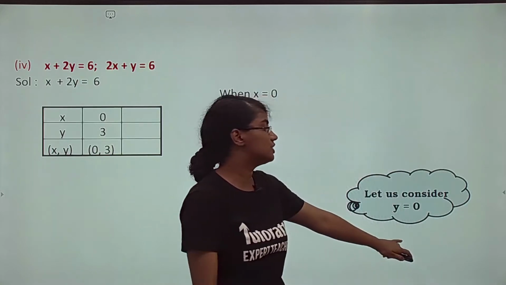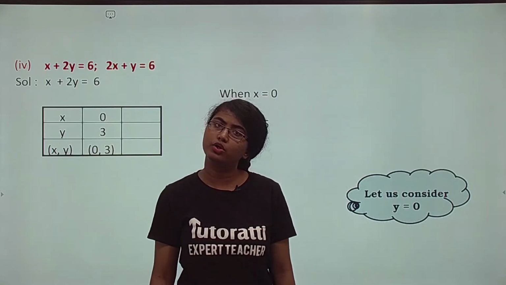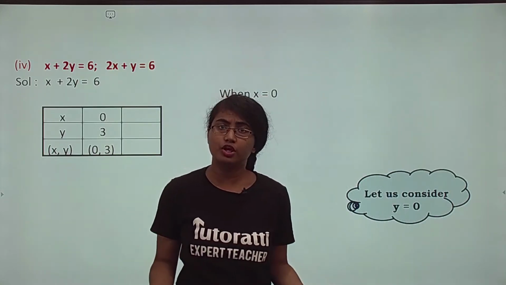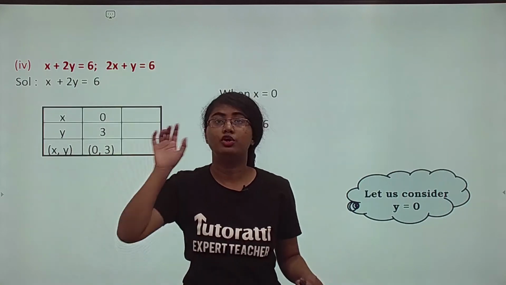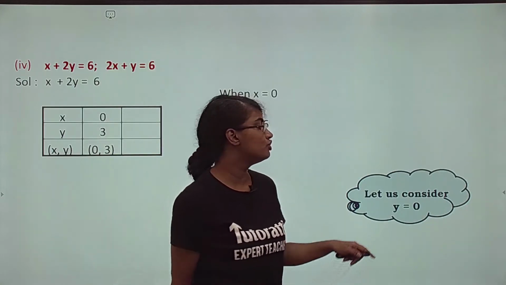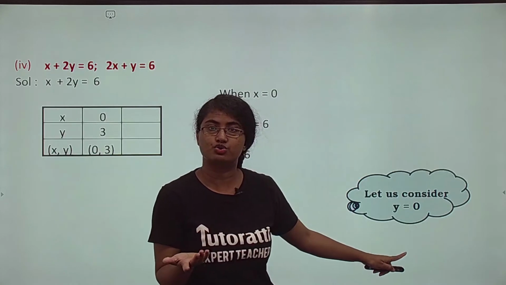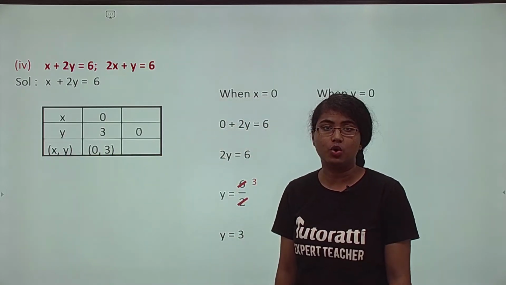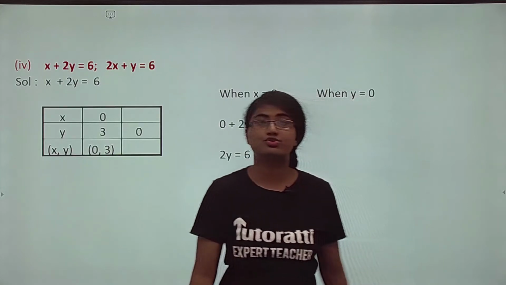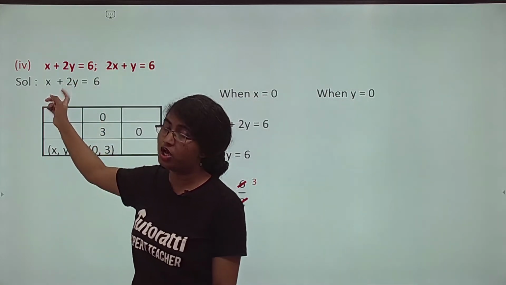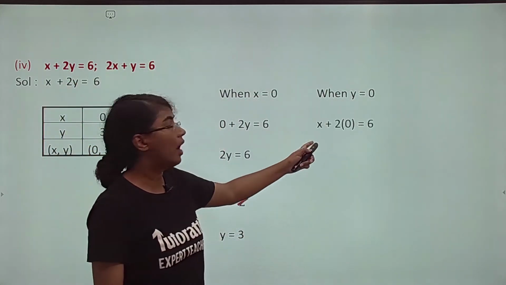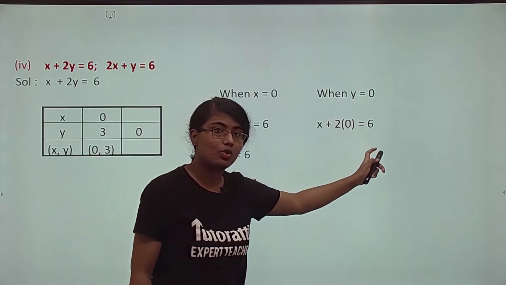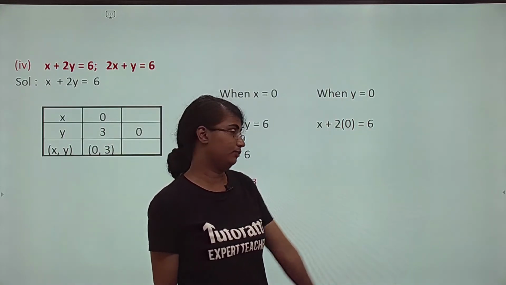Now let us consider y is equal to 0. Why? My choice. You can use any variable, you can use any value. I chose 0. Now in place of y I will write 0. When y is equal to 0, coming back to the equation, it becomes x plus 2 times 0 is equal to 6.